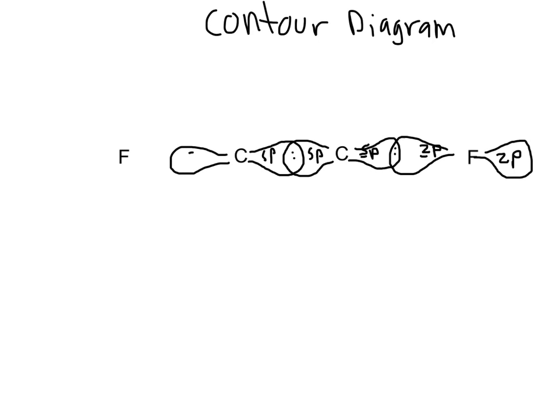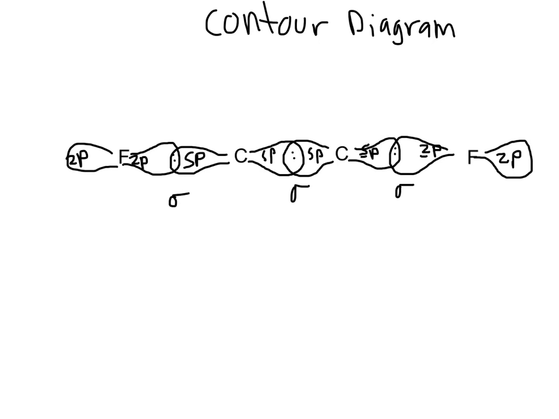So that's going to be, forgive the shapes. The pen is hard to maneuver. And this is going to connect with the 2p orbital right here. So these are all the sigma bonds as mentioned earlier. We have a sigma bond there, a sigma bond there, and a sigma bond there. 3 sigma bonds in total.